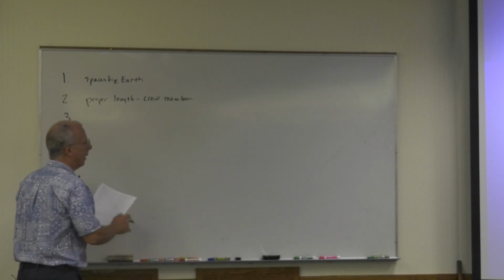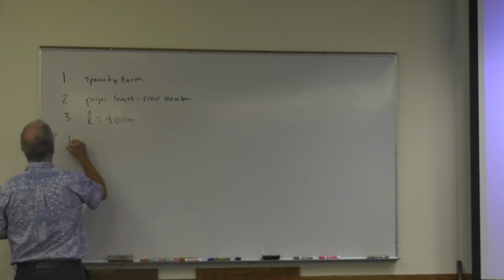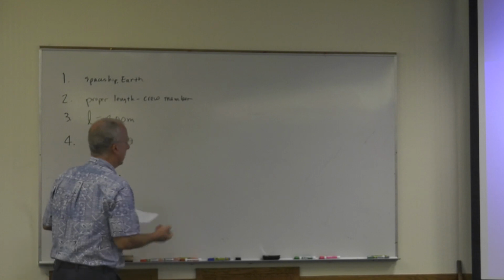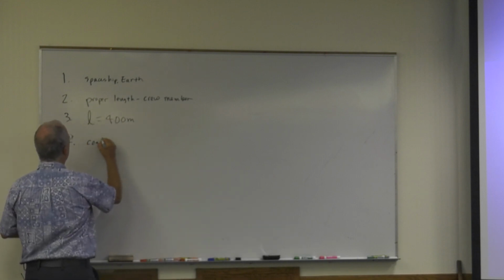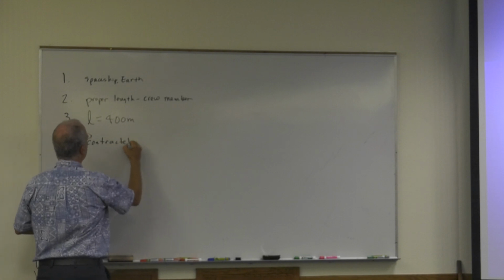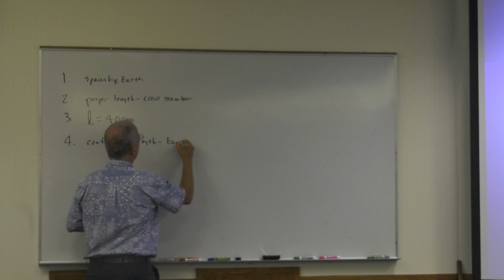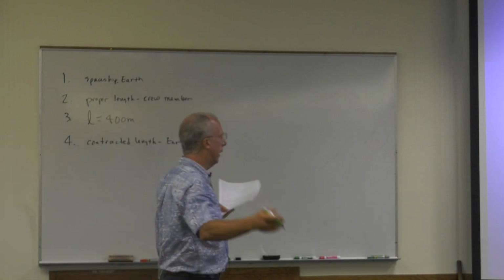So proper length, lowercase l, is 400 meters. Who measures the contracted length? Person on Earth, right? So contracted length is measured by somebody on Earth. All right, okay. So calculate it.